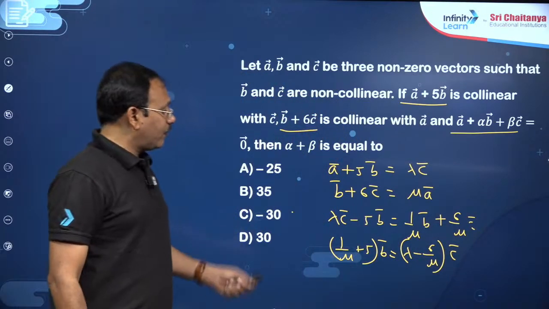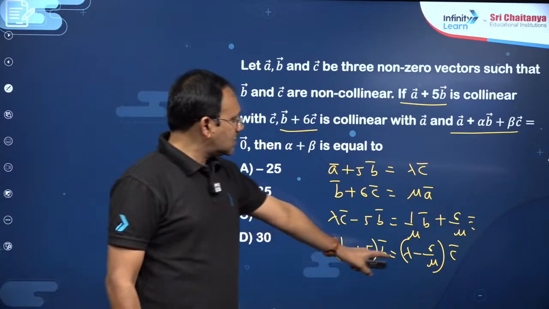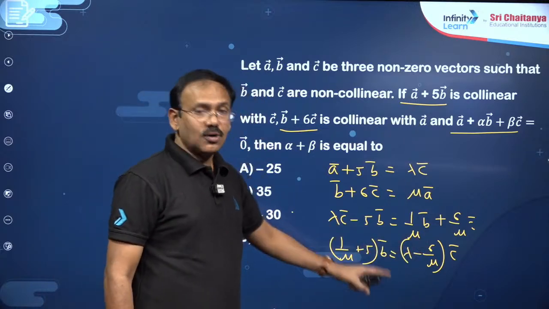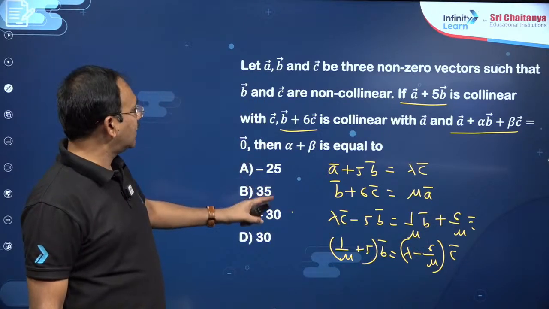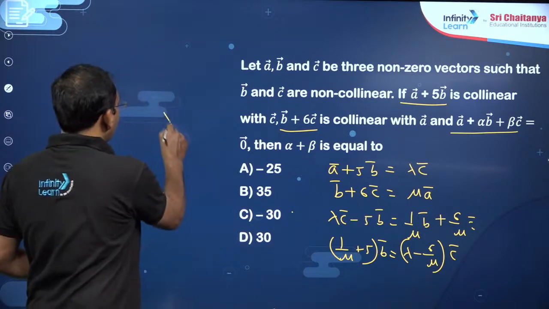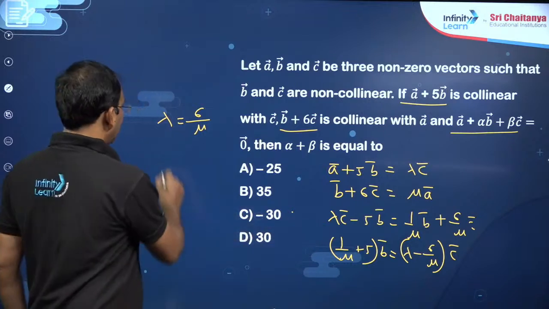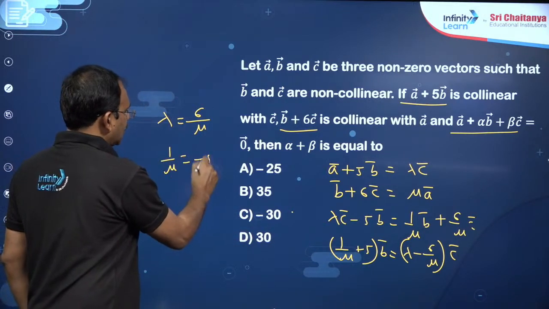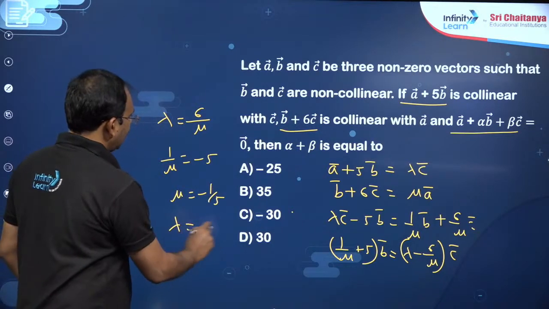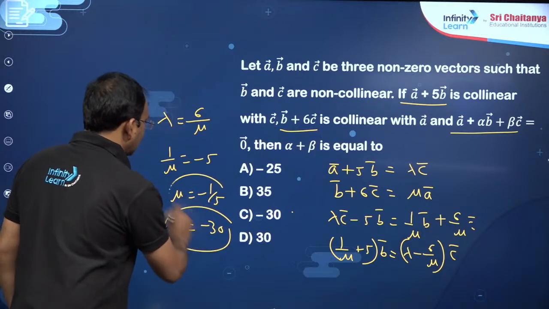You see, if these are the numbers, my dear friends, if this is not 0 bar, I mean to say lambda minus 6 by mu must be 0, otherwise I can say they will be collinear, but he said non-collinear, so lambda must be equal to 6 by mu, and similarly this can also be taken, 1 by mu must be minus 5. So mu must be minus 1 by 5 and lambda must be, dear students, you can write minus 30.